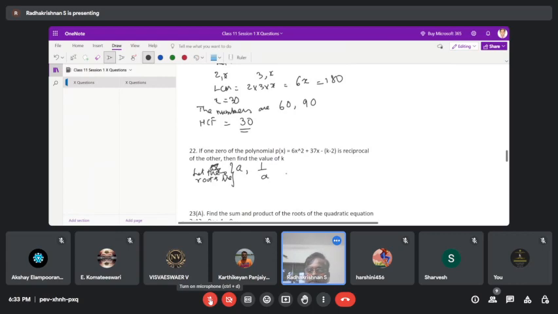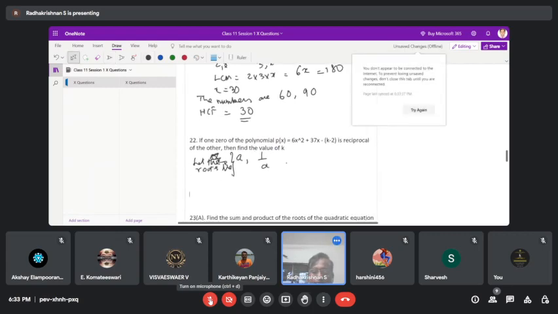So from this, anything strikes you? Any sum or product? Is there any simple solution from this a and 1 by a? So a and 1 by a, what is the product of the roots?